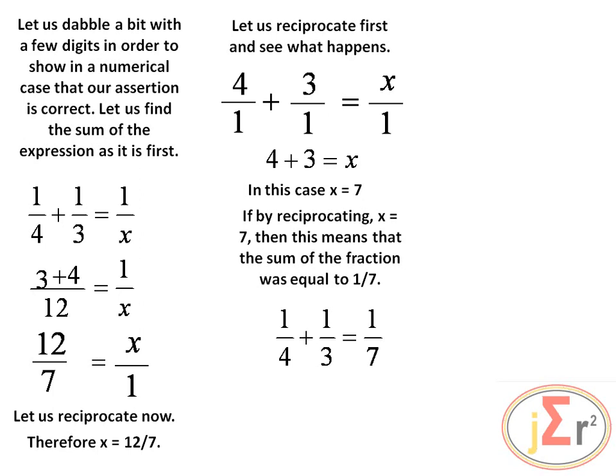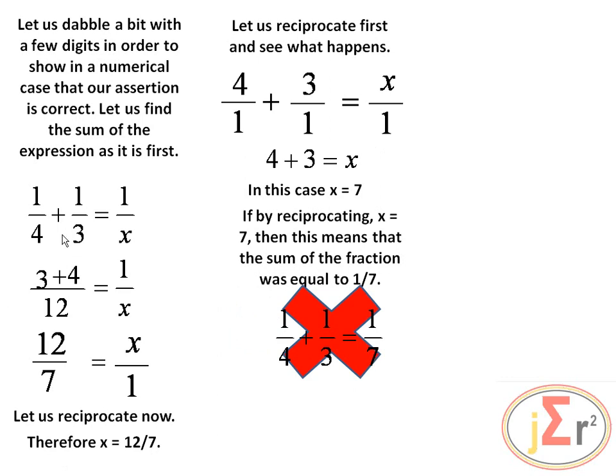So this setup is claiming that since x is equal to 7, what we had originally, which is 1 over x, was actually 1 over 7. And we are sure that that is not right.